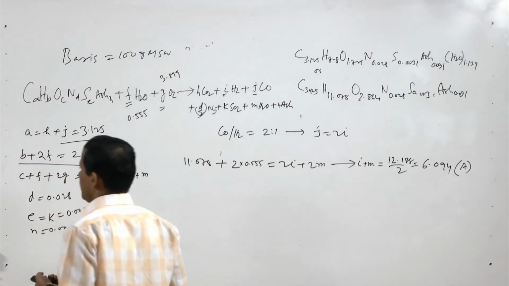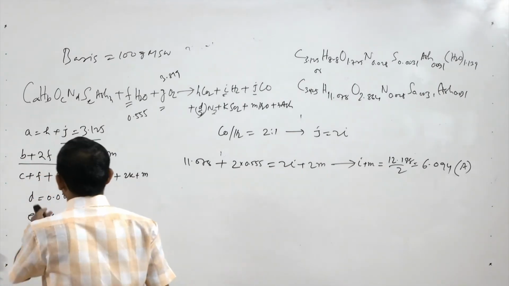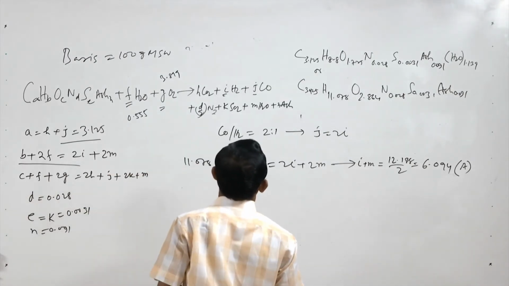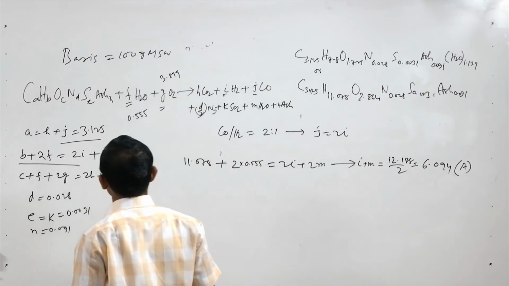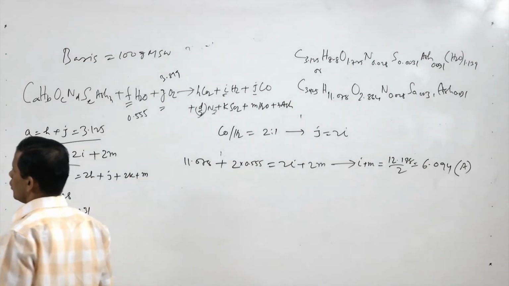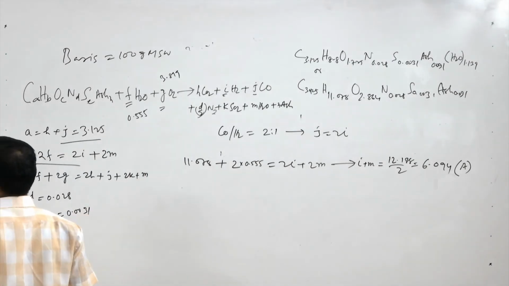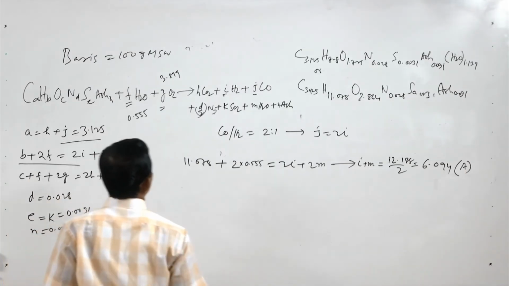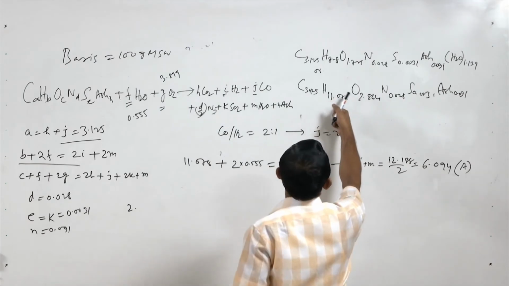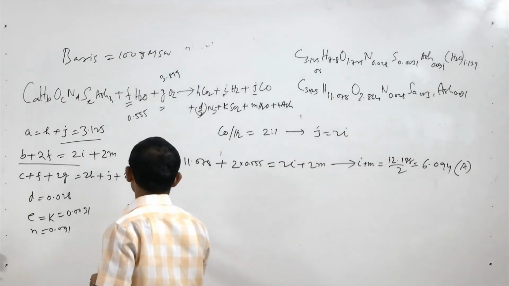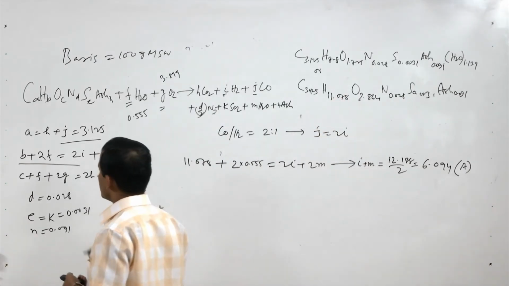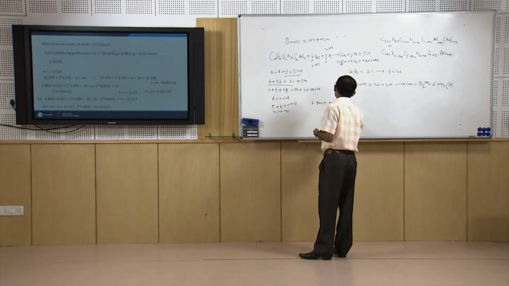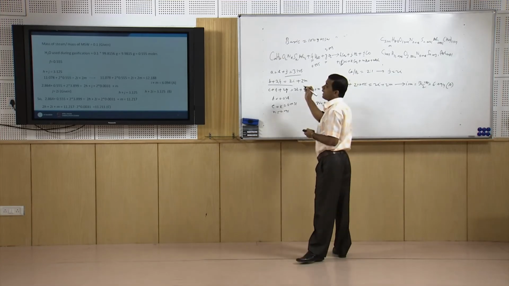Another expression we are having C plus F plus 2G. So, what is our C? C is equal to here 2, that is oxygen content, that is equal to 2.864 plus F is equal to 0.555 and 2G.